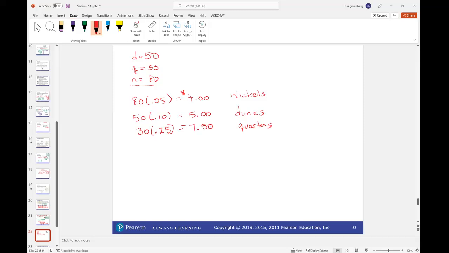So let's add all that up. $7.50 plus $5 plus $4 is equal to $16.50, which is exactly what they said it would be equal to.